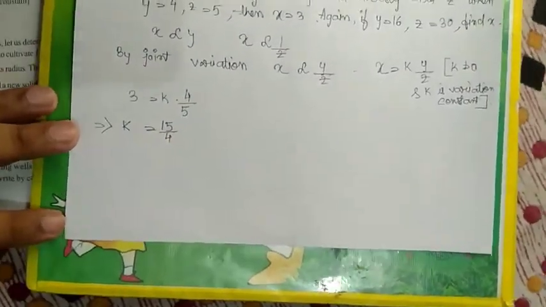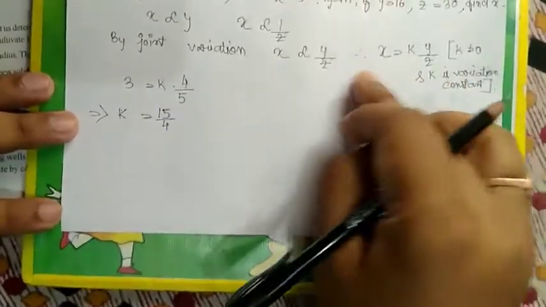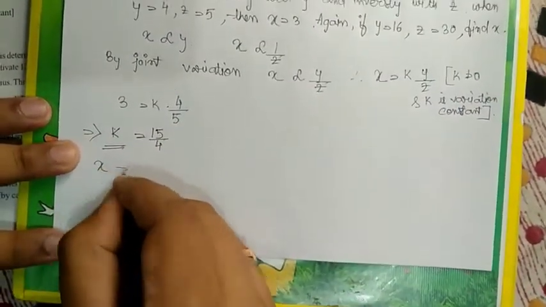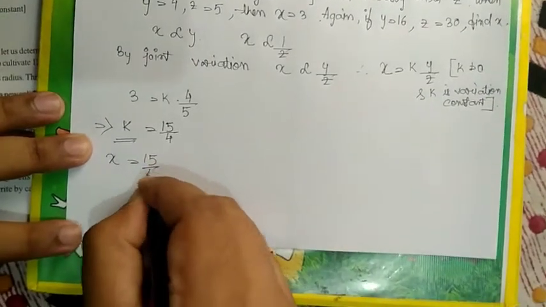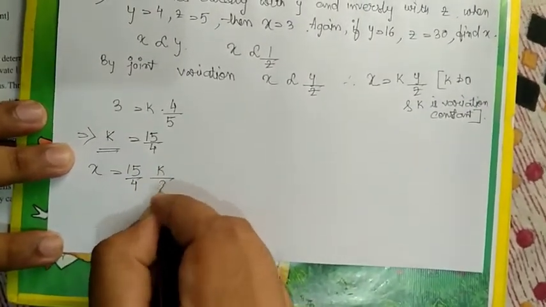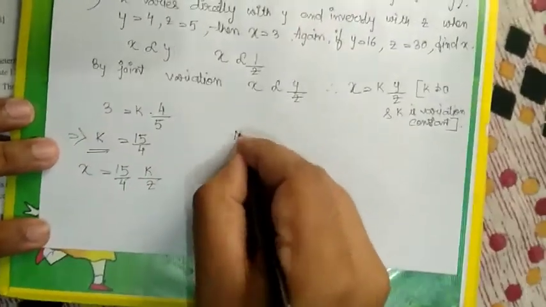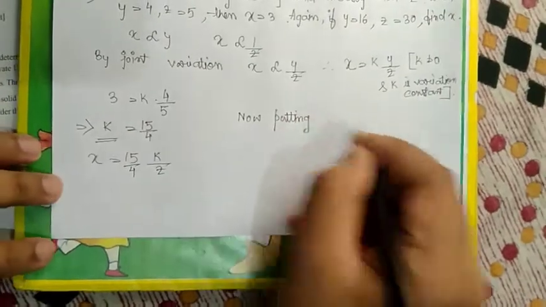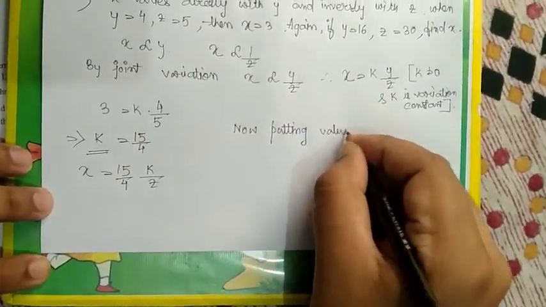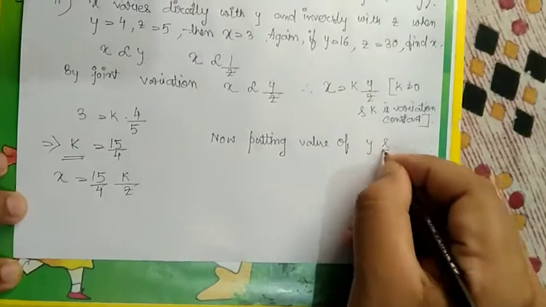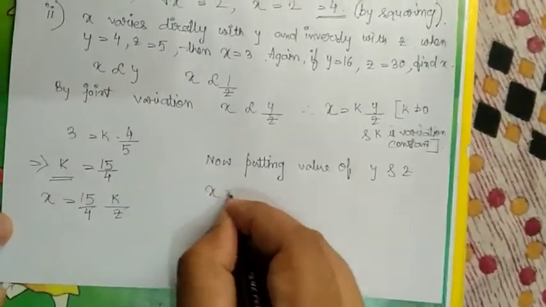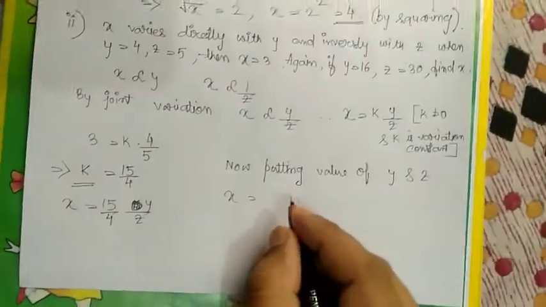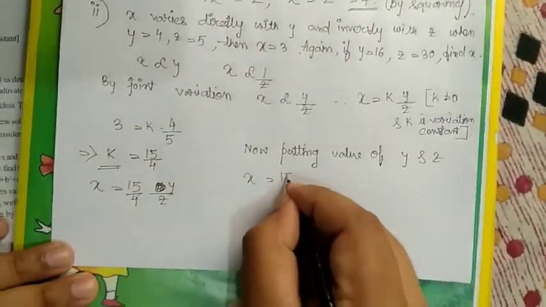Now we can write this equation with the value of k, x equal to 15 by 4 times y by z. Now putting the value of y and z, we get x equal to 15 by 4 y by z.